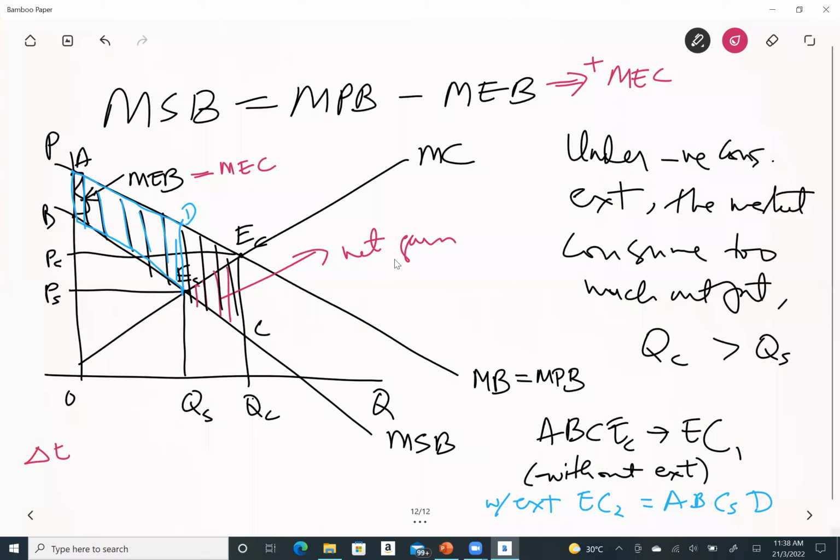So the change in external cost here is a reduction, equal to the smaller area, ES C EC D. Okay. So that's how you got the net gain as that area.